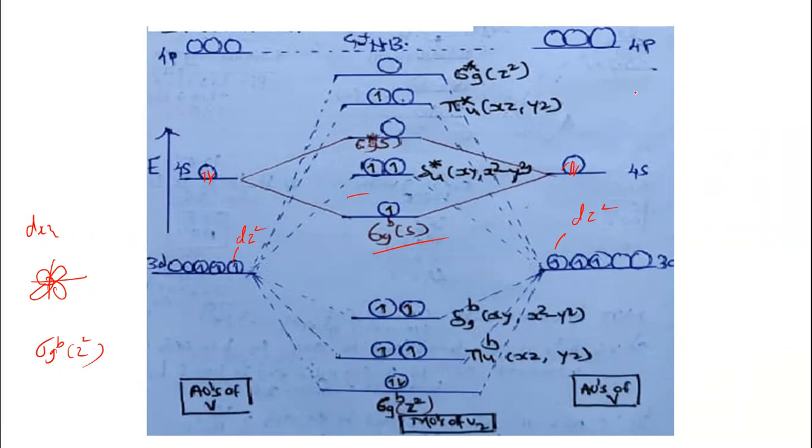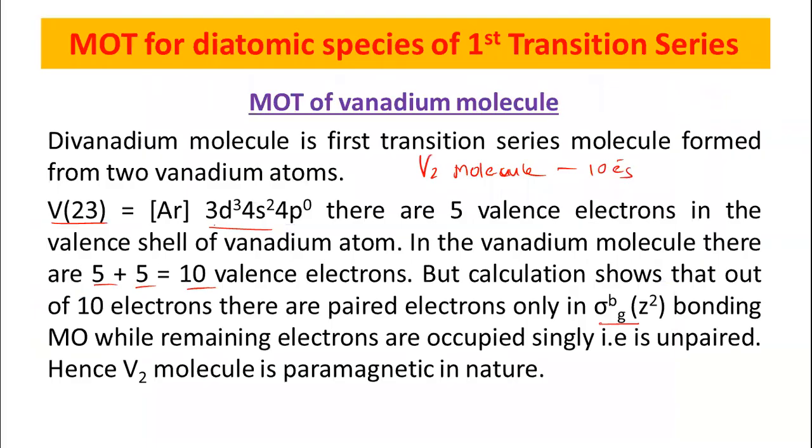So bond order is equal to 7 minus anti-bonding electrons. These 2 electrons are anti-bonding and these 3 electrons, divided by 2. So it is equal to 4 divided by 2. So the expected bond order should be 2 actually, but it is very difficult to predict the bond order in the vanadium molecule.